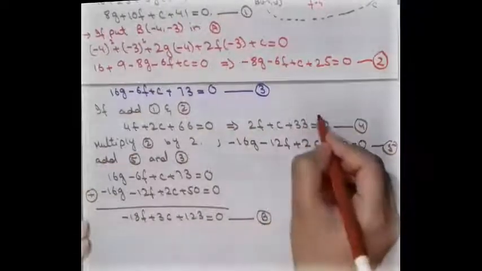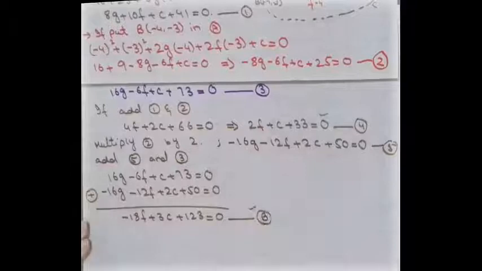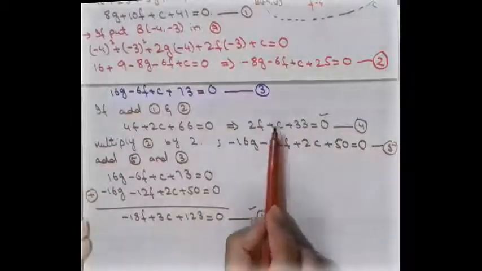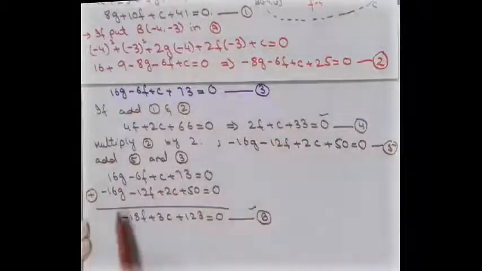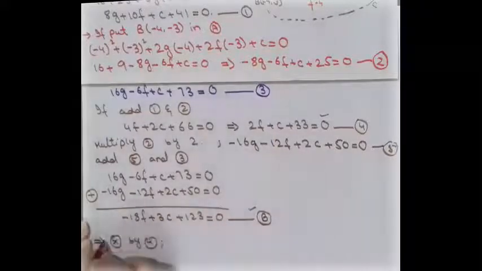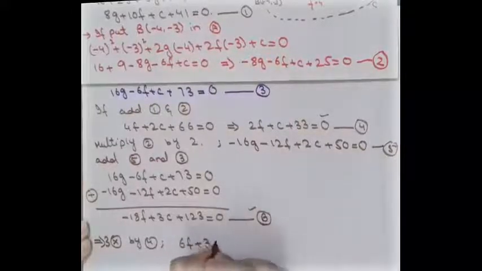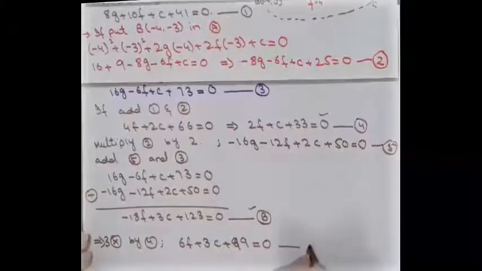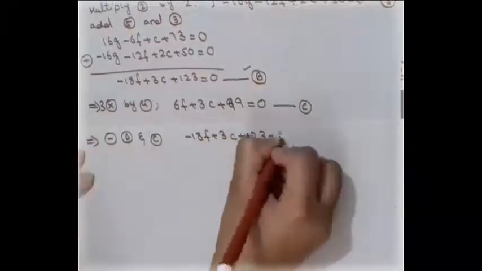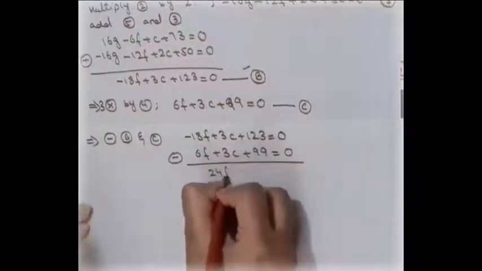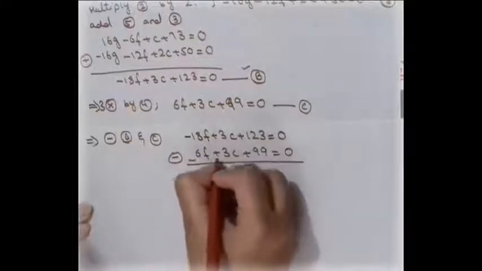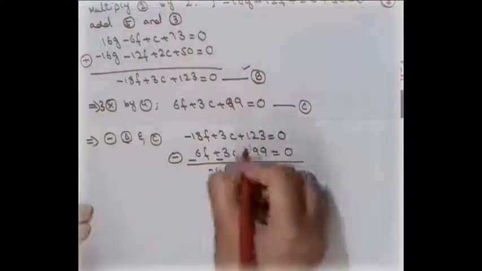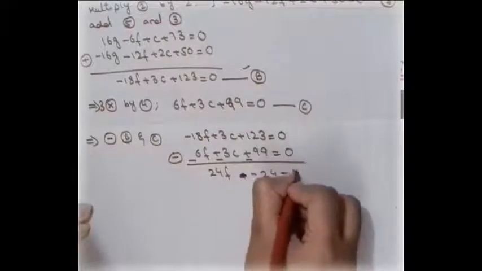Now we have these two final equations with elimination of the factor g. If we eliminate the factor c in this, then we find the value of f. If we multiply the fourth equation by 3, we get 6f plus 3c plus 99, which is equals to 0, called equation C. We subtract B and C equations. 24f, and this will be cancelled out, as with the minus sign all signs will be changed, so it will be minus 24, which is equal to 0.